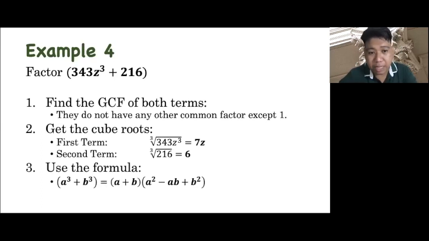So ulit, gamitin natin yung formula for sum of 2 cubes. So we have this, a cube plus b cube is equal to the quantity of a plus b times the quantity of a squared minus ab plus b squared.